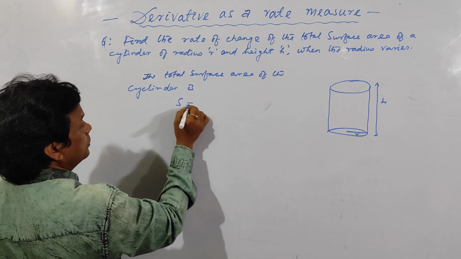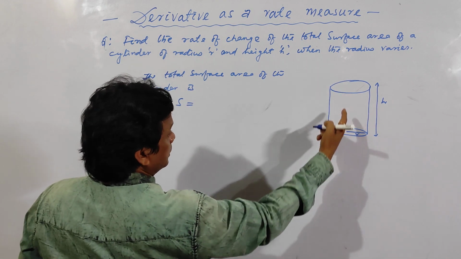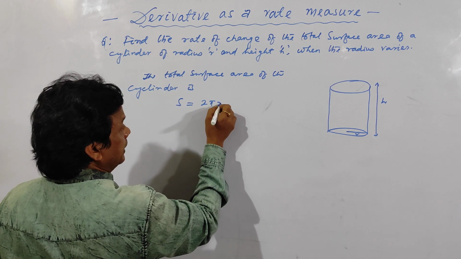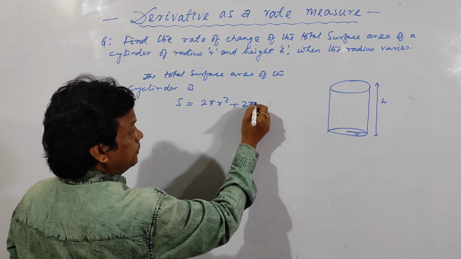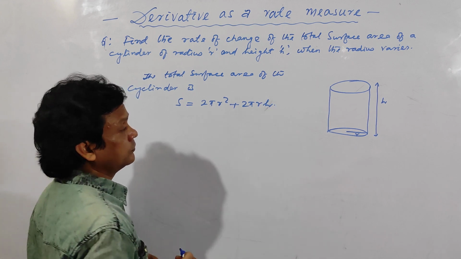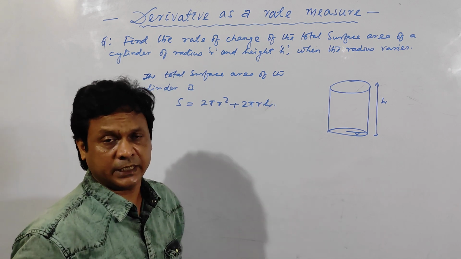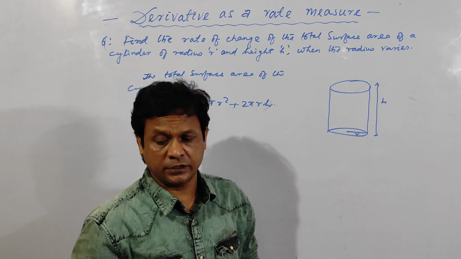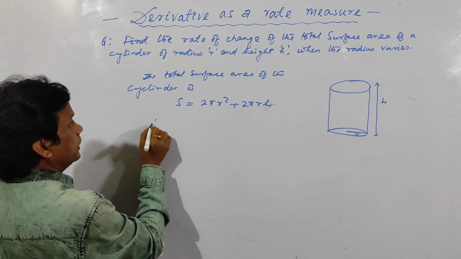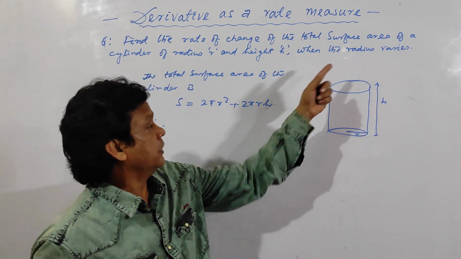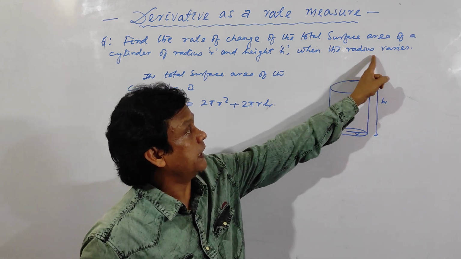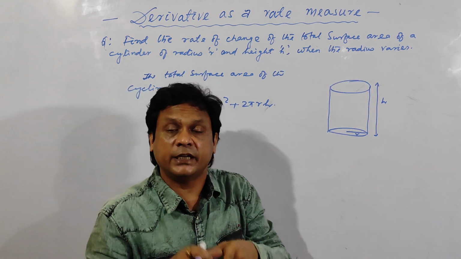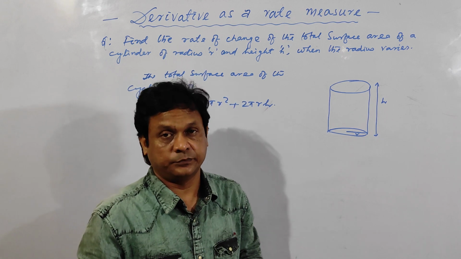S is equal to pi r square plus pi r square, that means 2 pi r square, plus the curved surface area, which is 2 pi r h. Clear? And what do you want to find out? Here, r and h are two variables, but it is given that the radius varies. That means the variable is the radius, and h is constant.